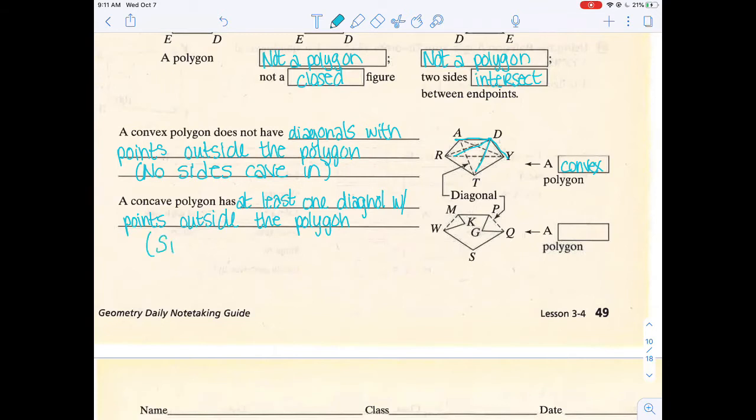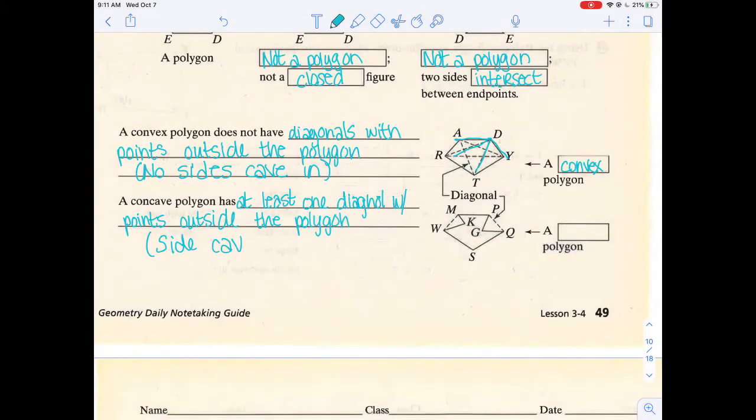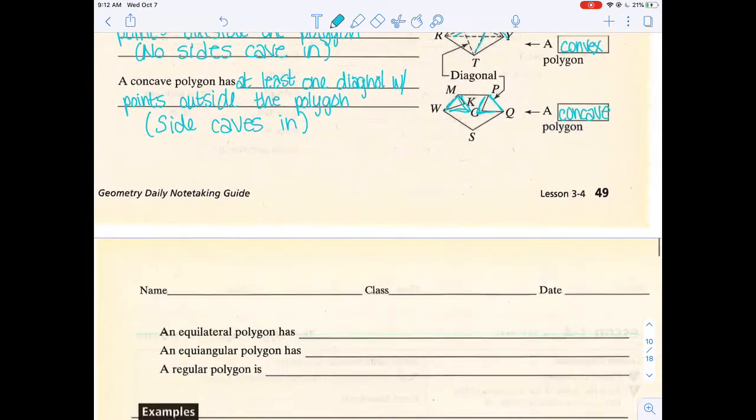And I think of this as one side caves in. So right here, when they drew these 2 diagonals, those are outside of the shape. So this is a concave polygon. These sides right here cave in. That's how I think about it.